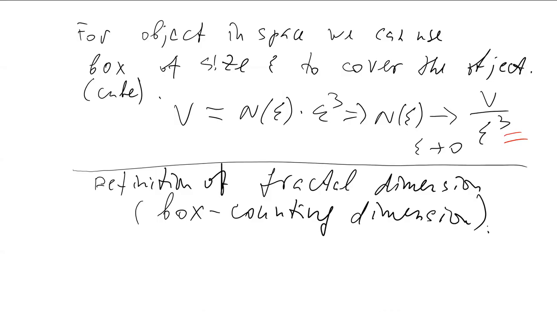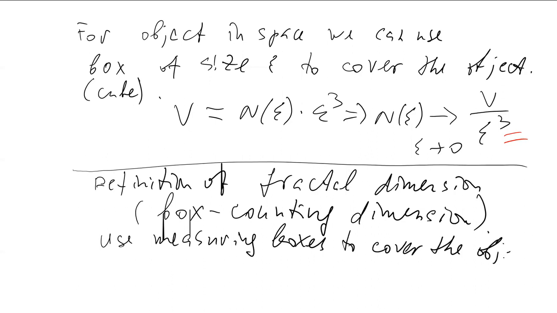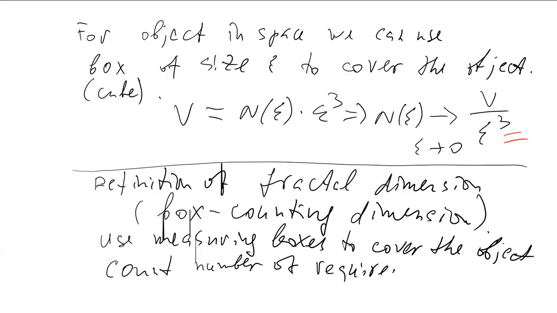The idea here is to use measuring boxes to cover the object, and count the number of required boxes, and check whether it tends to some constant times epsilon to the power of minus d, when epsilon tends to 0.